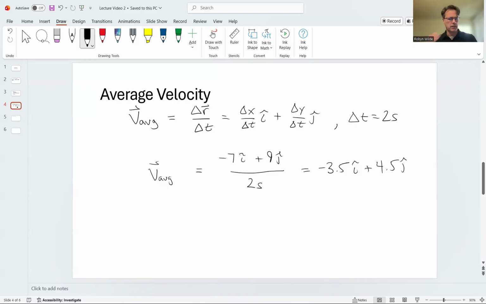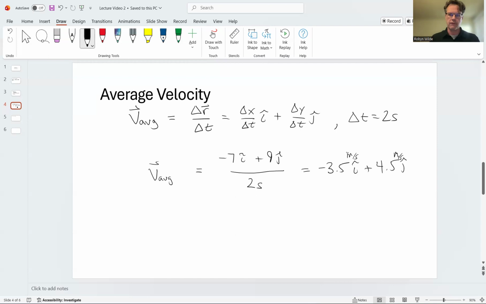Now I haven't put the units in at this point, but if my displacement, my positions were in meters, and my time here is in seconds, both of these would have units of meters per second. So I've got a -3.5 meter per second velocity in the x direction, or the x component, and 4.5 meters per second in the y component.